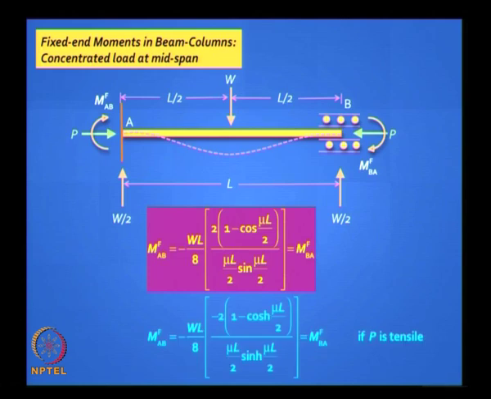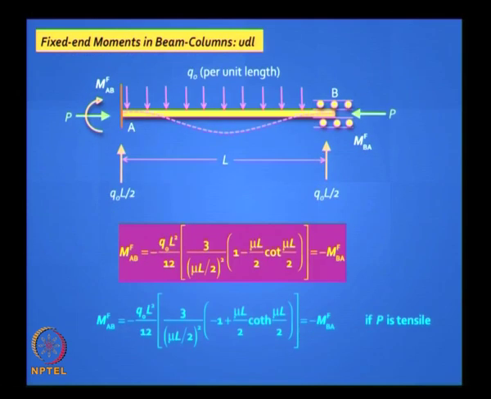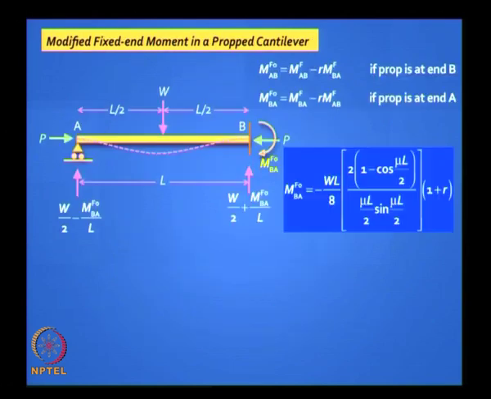If P is tensile, there is a slight modification, the hyperbolic functions come into play. We will look at one more case, a standard case is uniformly distributed load, you have similar sets of equations, is it clear? And that is all that we need to know for the time being, but you can derive for any arbitrary loading. Just go back here, the default value is Q naught L squared by 12 multiplied by a certain factor.